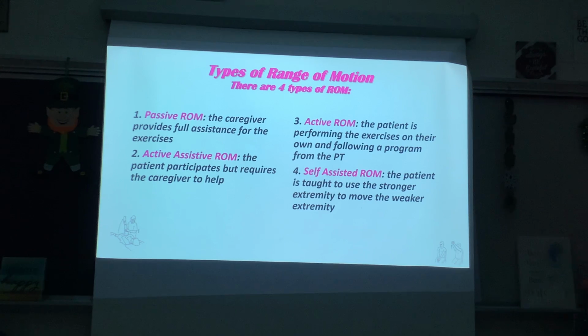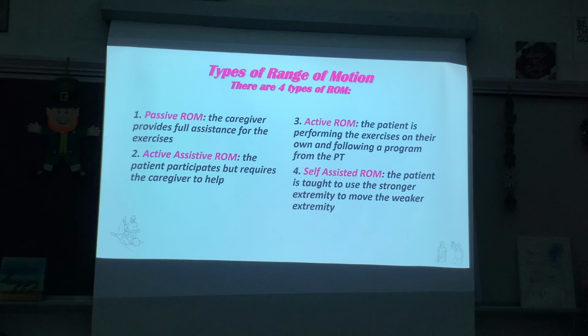Now the last is self-assisted range of motion. The patient is taught to use the stronger extremity to move the weaker extremity. An example of that would be if someone had a CVA, which you know is a cerebrovascular accident or a blood clot in the brain causing a stroke, and they have a deficit in the ability to move one side.